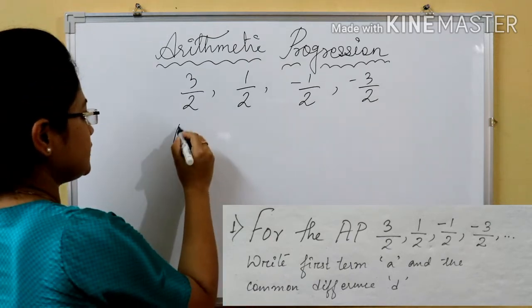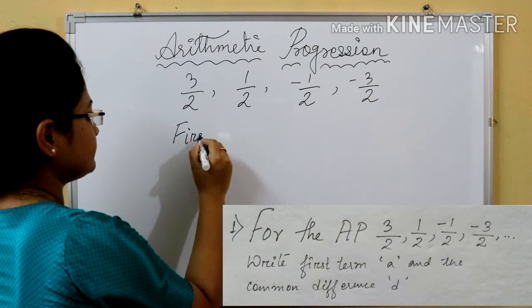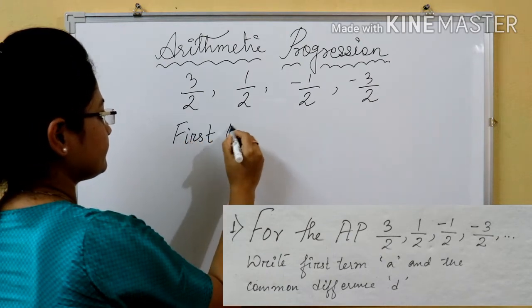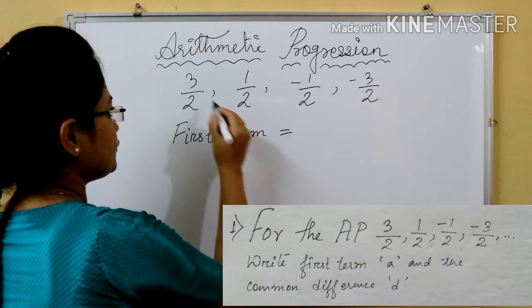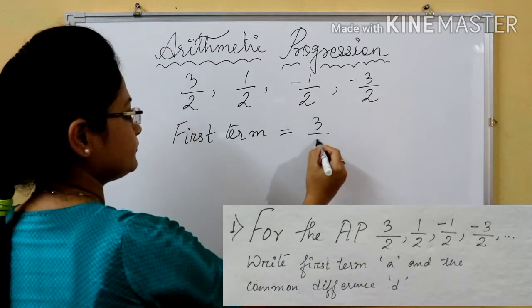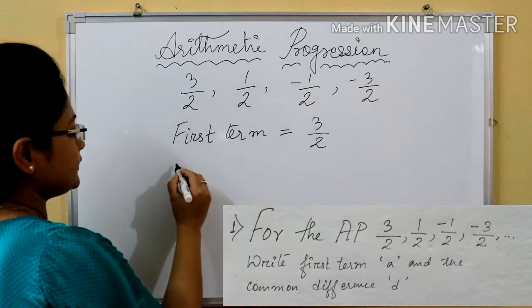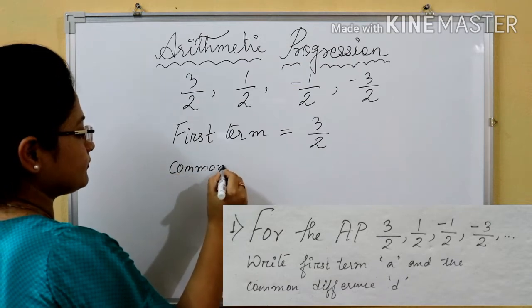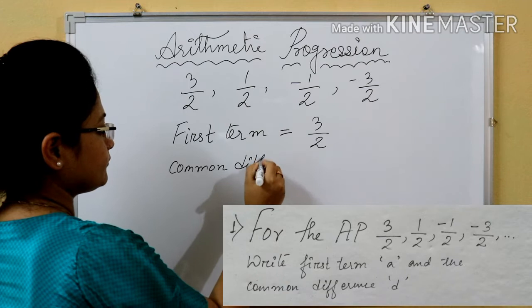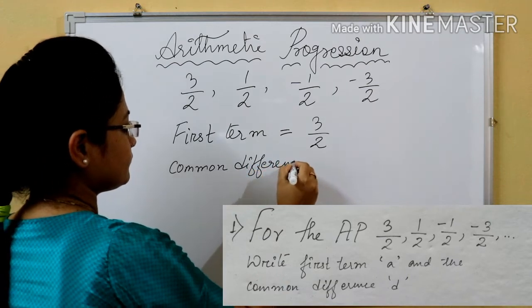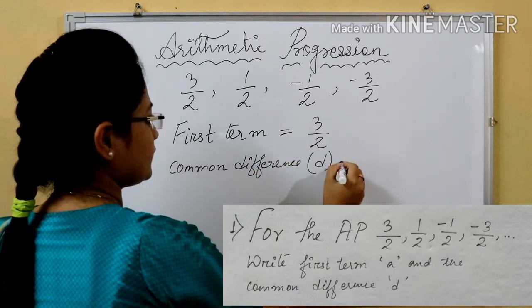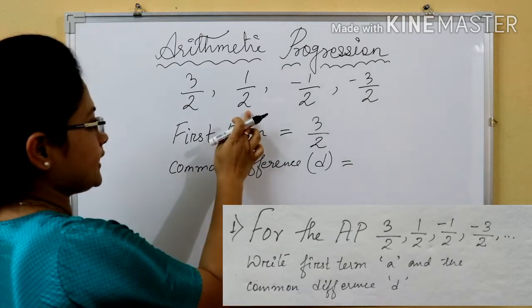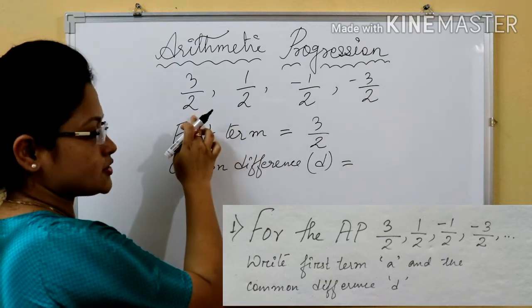So here the first term will be 3 by 2, and the common difference D will be the second term minus the first term.